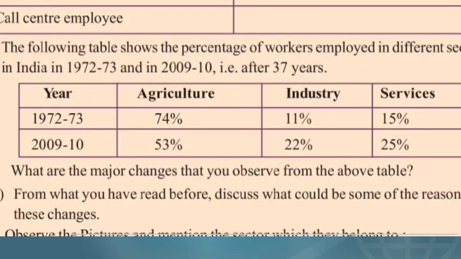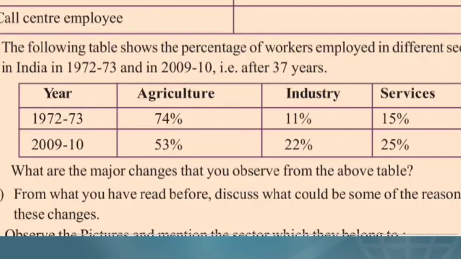How much percentage it is? Nearly 21% decreasing there. Among the sectors, in which sector is well developed or 100% increase there? Absolutely industrial sector only. Observe this table, industrial sector. 11%, previously it is 11% there.